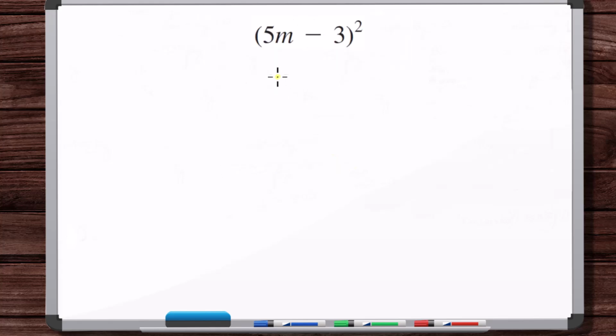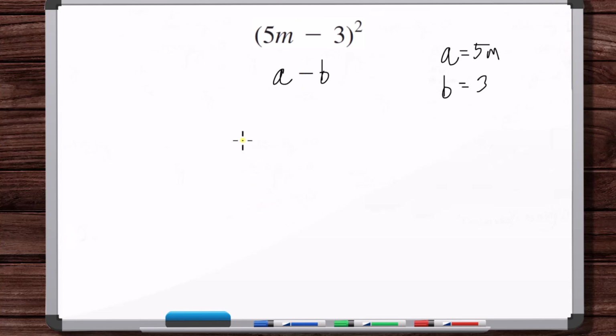Okay, here we're doing a minus b squared, where you can see a is 5m and b is 3. B is 3 because the formula is a minus b, so b is just 3, right? The result is going to be this perfect square trinomial, since we're doing this with a polynomial.